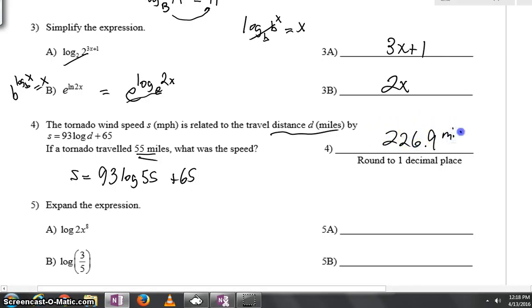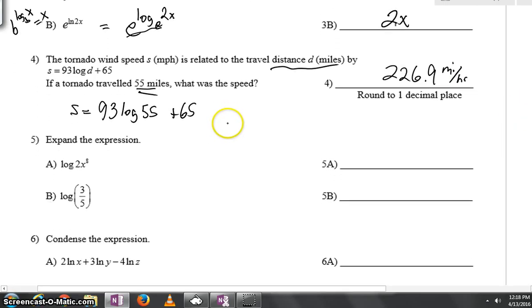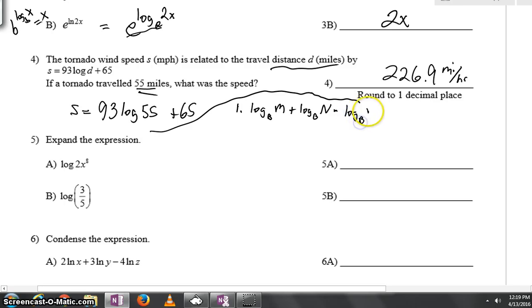As we take a look at the next set of problems, these all involve properties of logs. And I'm just going to write up here the 3 properties. If we had the log base b of m plus the log base b of n, that can be combined to the log base b of m times n.